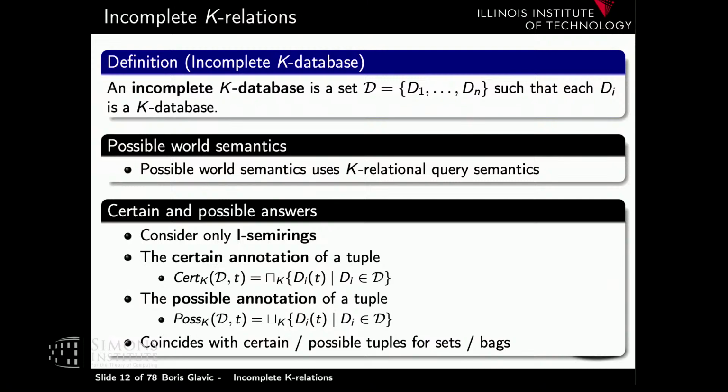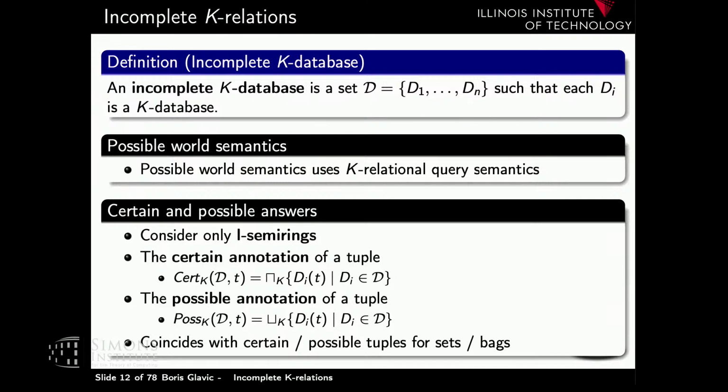So what I'm claiming is that we're going to define certain annotations, because now a tuple may exist in different worlds, but with a different annotation. So we have to figure this out, and this is where the ordering, the least upper bound and the greatest lower bound come in.